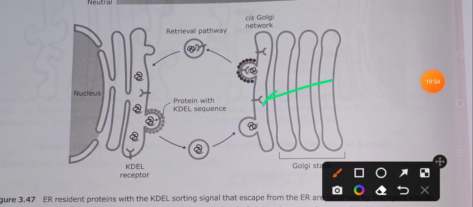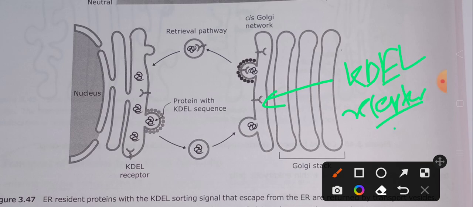This KDEL receptor will recognize and bind those proteins having the KDEL sequence at the C terminus, so that they can be retrieved back to the ER lumen. So that's the idea.